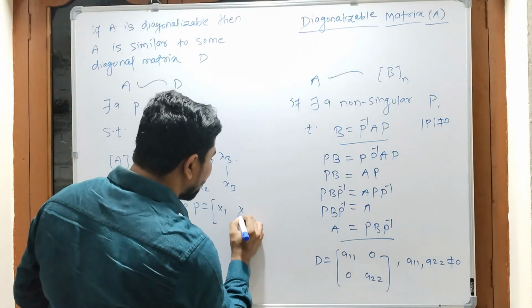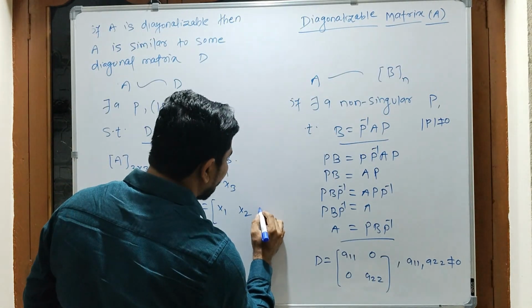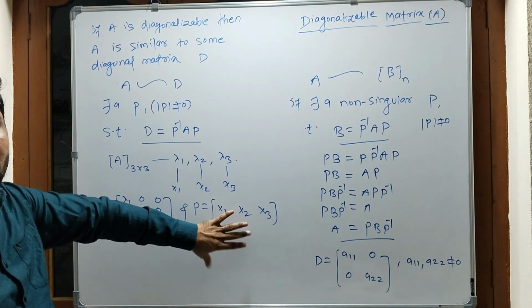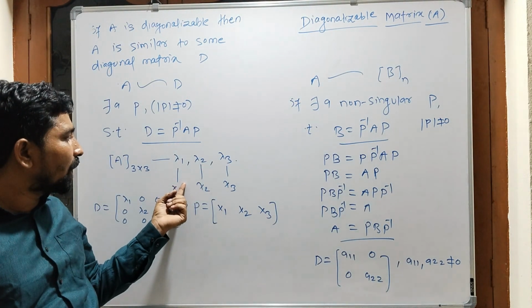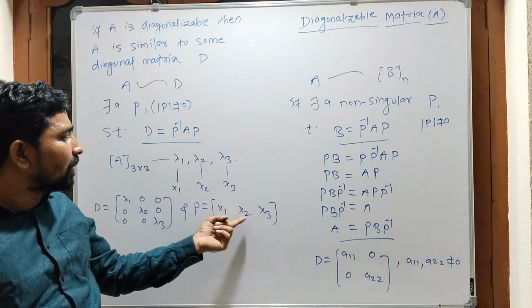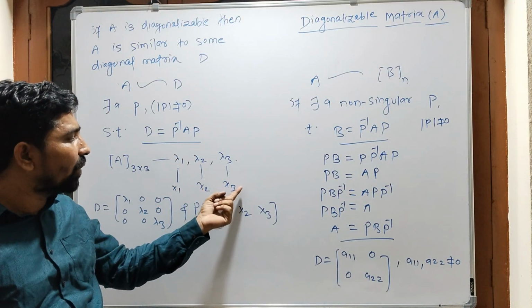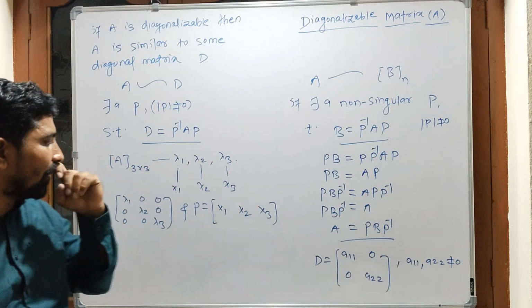The column 2 of my model matrix P is my second eigenvector, and column 3 is my third eigenvector. So this is the model matrix P. In the model matrix, the first column is the first eigenvector corresponding to eigenvalue lambda 1, the second column is the second eigenvector, and the third column is the third eigenvector.